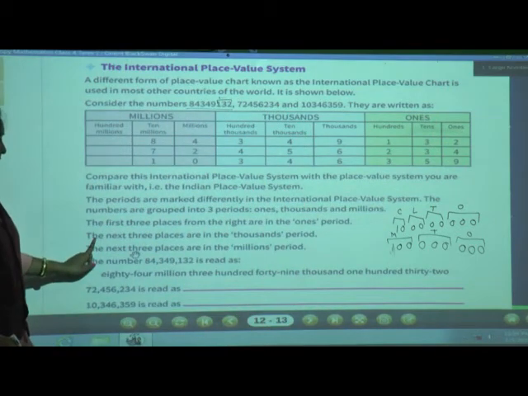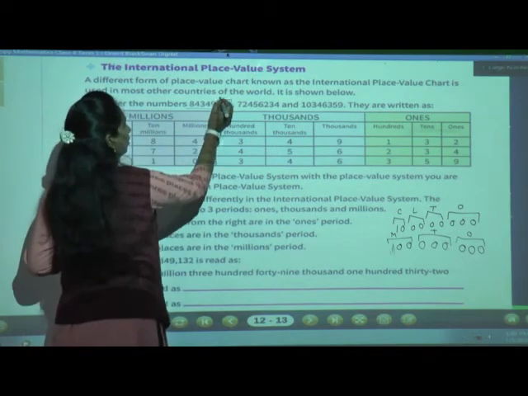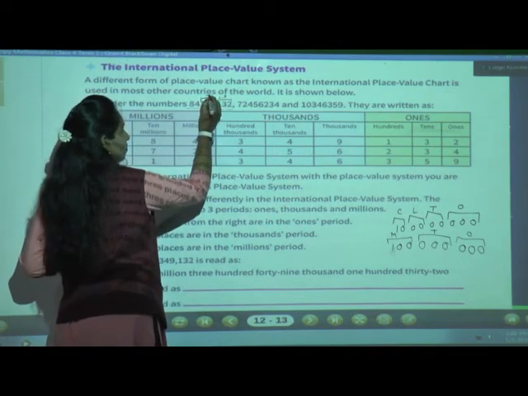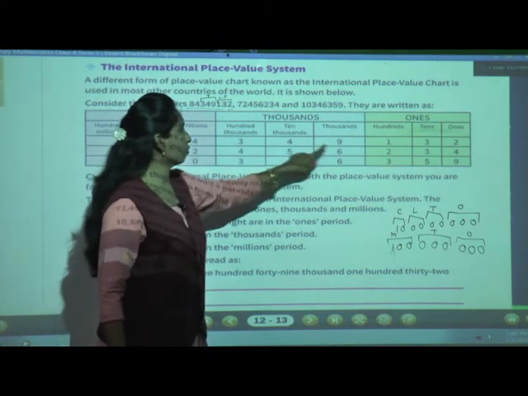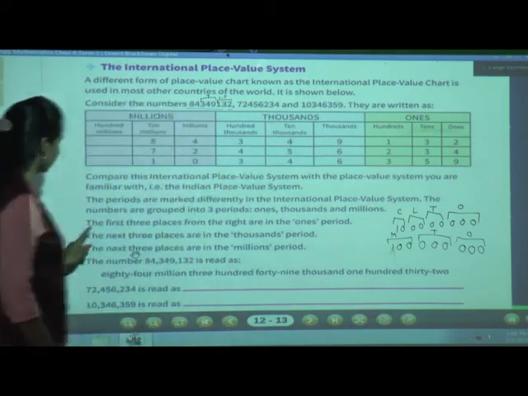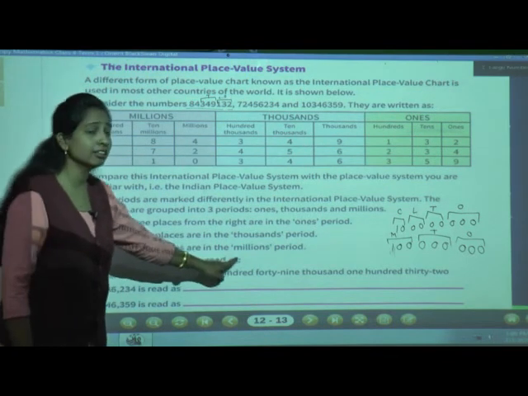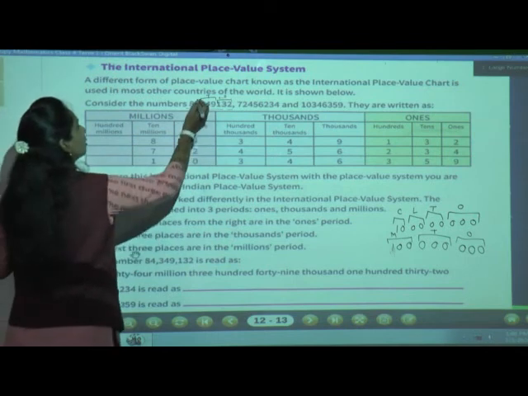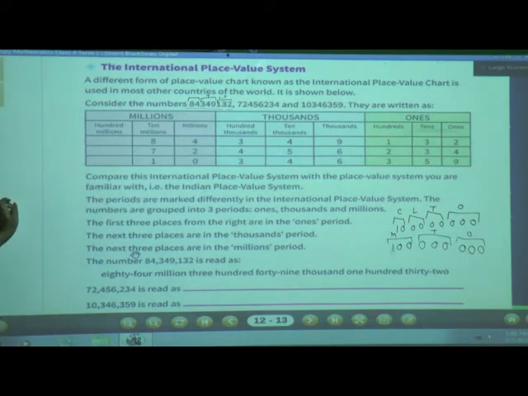And the next 3 places are in the thousands period. So these are the next 3 numbers. You can see 349 in thousands period. And the last, the next 3 places are in the millions period. Now here they have given only 2, so we have taken only 2 numbers in millions period.